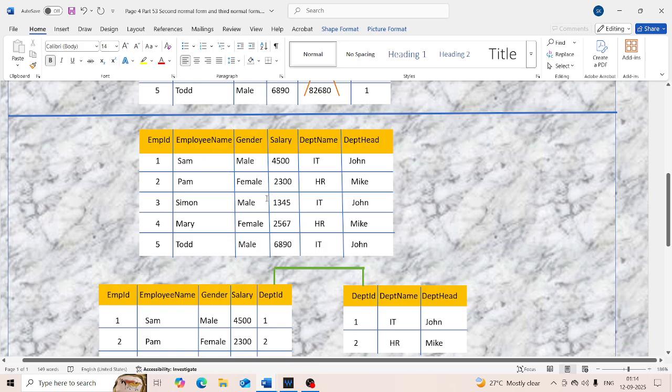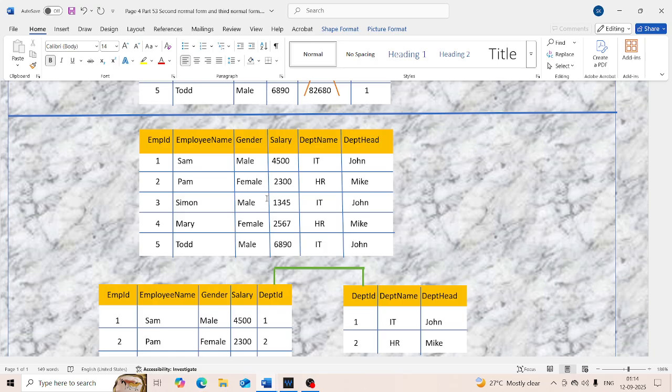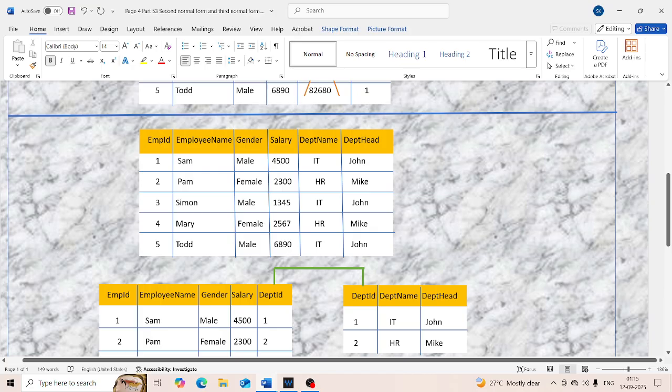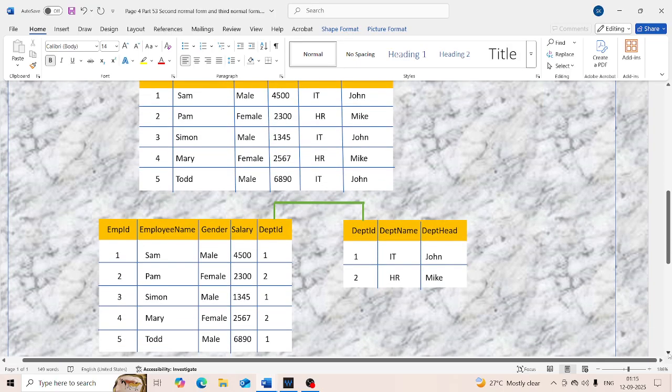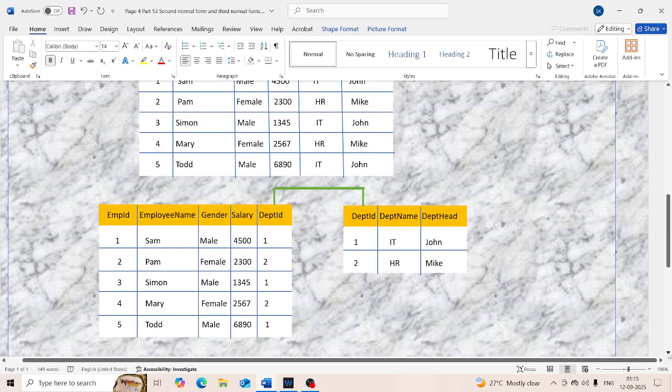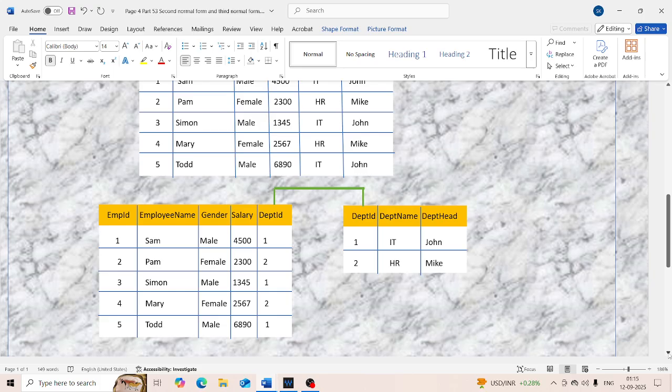So basically, the rules for the third normal form are that they should satisfy the condition of the first and second normal form, and it should not contain any columns that are not fully dependent upon the primary key.